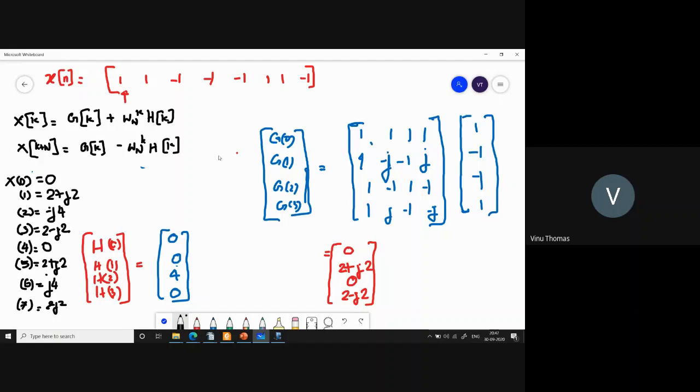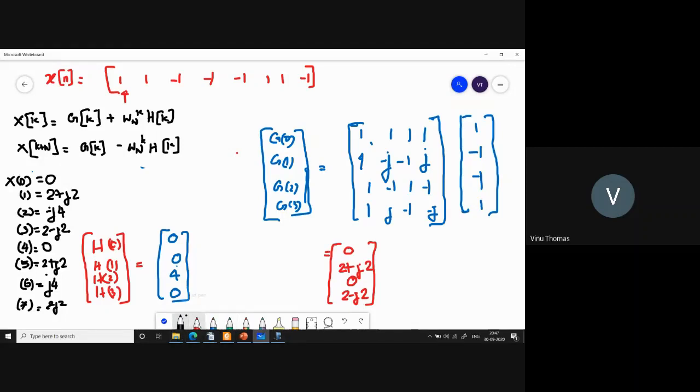And there is a very important property that you can make use of, which is that the zeroth sample, this would be the n-1th sample, and the n/2th sample is, this is your n/2th sample. So there are certain properties for the 0th sample and the n/2th sample.